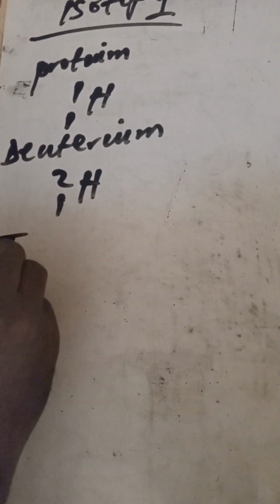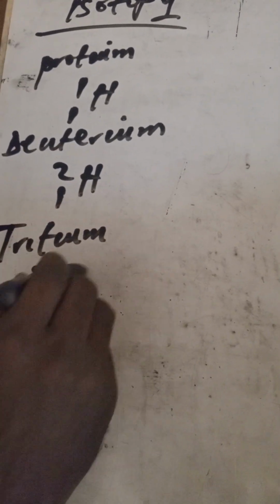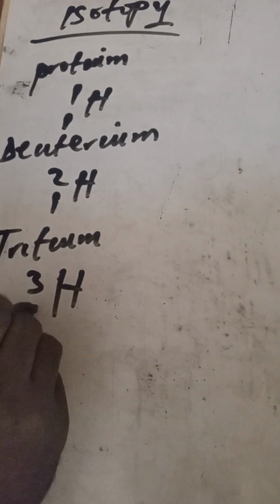The second is deuterium, with a mass number of 2 and atomic number of 1. Then we have tritium, with a mass number of 3 and atomic number of 1.